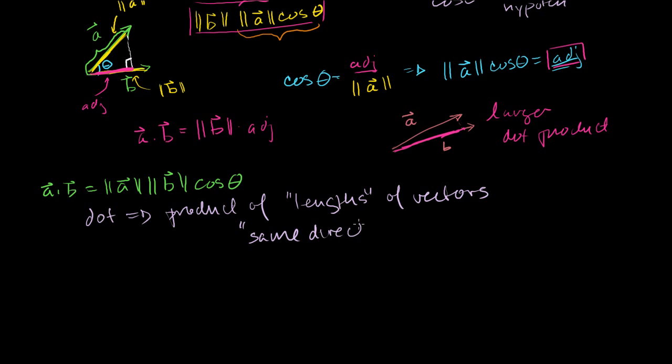Same direction, right? You could view this adjacent side here as the part of A that's going in the direction of B. So you're multiplying that times B itself. So that's what the dot product is. How much are two things going in the same direction?